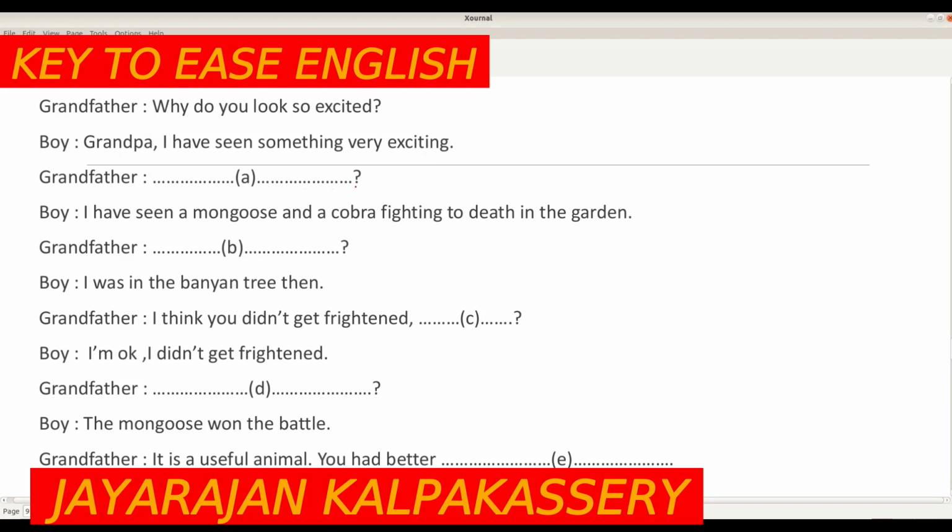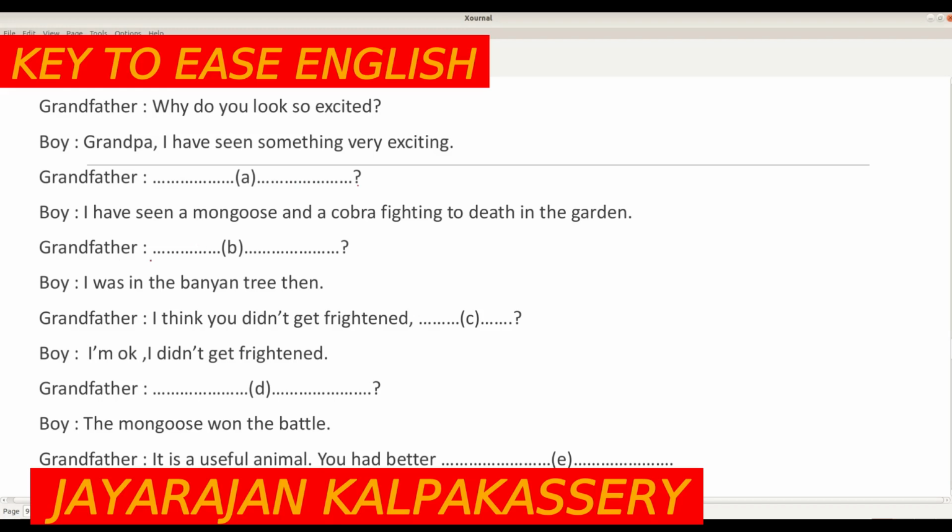Grandfather is asking a question here. I have seen a mongoose and cobra fighting to death in the garden. What will be the question? You have to think. I have seen. What is the question? What have you seen? That will be the question.